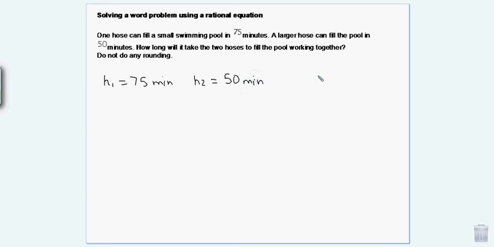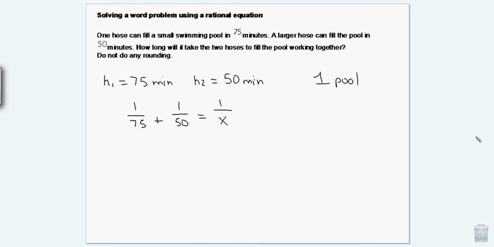Now, there is one pool. So hose 1 is going to be 1 over 75. Hose 2 is going to be 1 over 50. This is one pool, 75 minutes, 50 minutes. Working together, how long will it take? We still have one pool and X number of minutes.